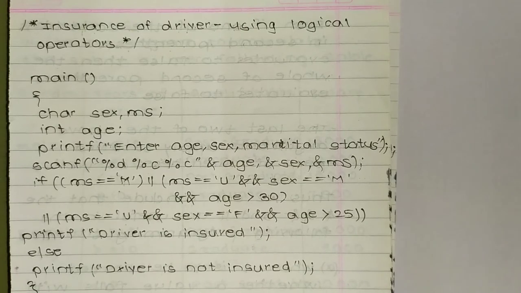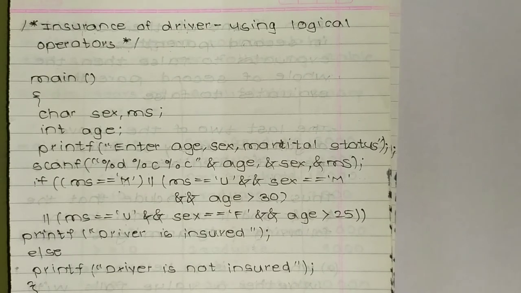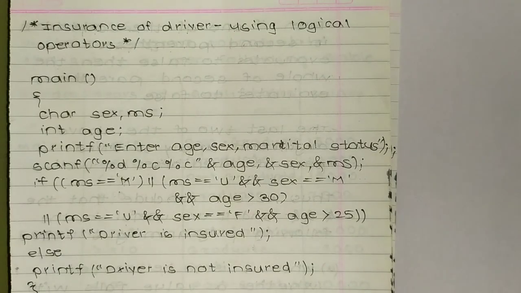So if the character ms is capital M, then or, that is the logical operator or, ms is equal to U, that is unmarried, and sex is equal to M, and age is more than 30, or ms is equal to unmarried, and sex is equal to F, and age is greater than 25.